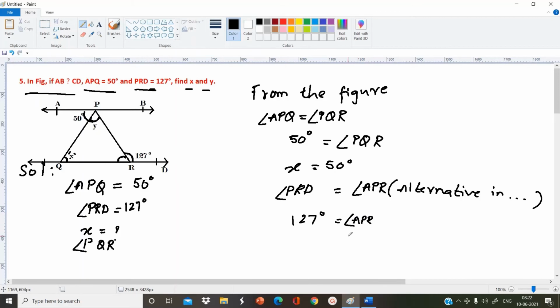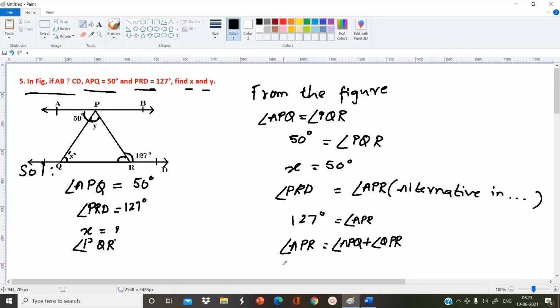And once again come to the figure, angle APR. Here we have two angles. That means angle APR equals angle APQ plus angle QPR.